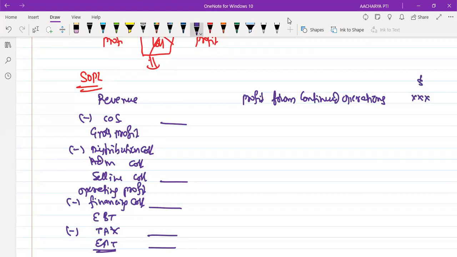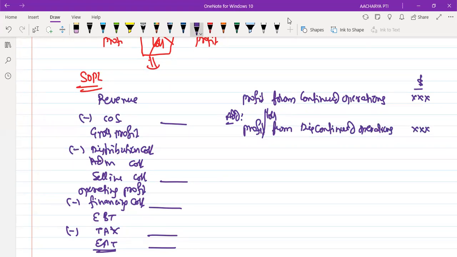Then we add the profit or loss from discontinued operations, and then we have the total profit or loss during the year.